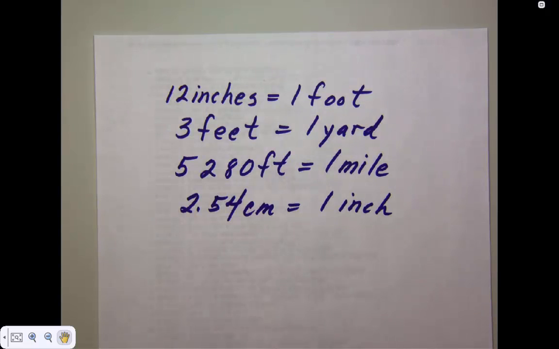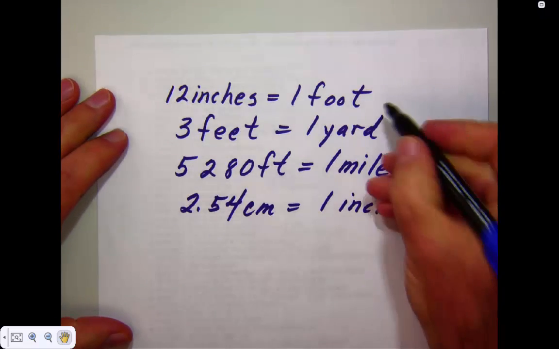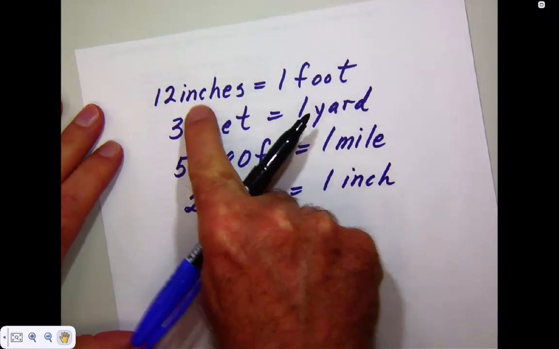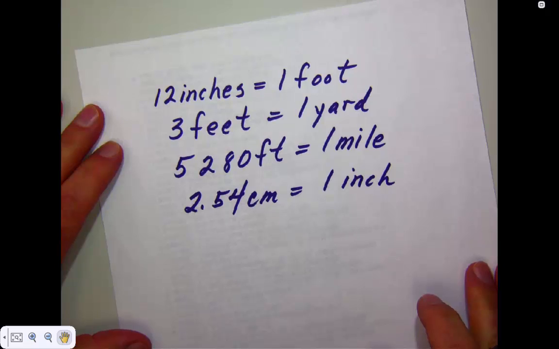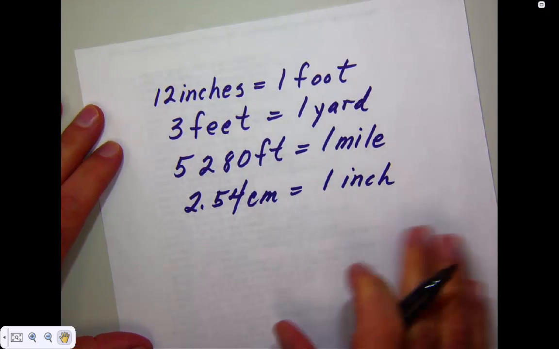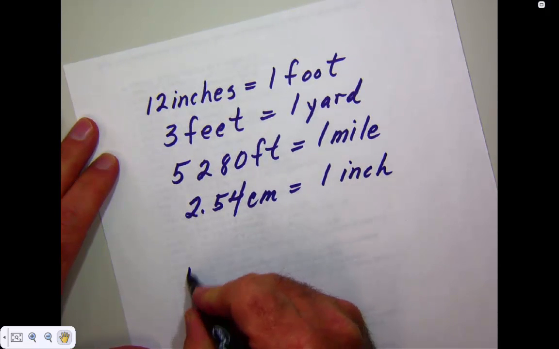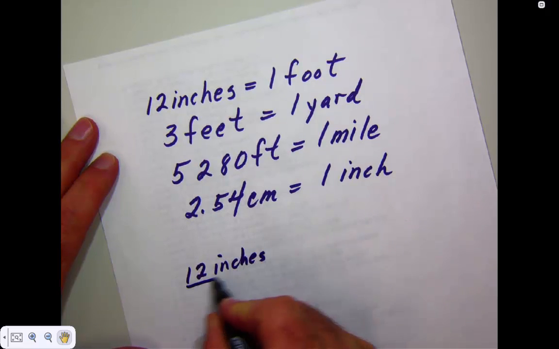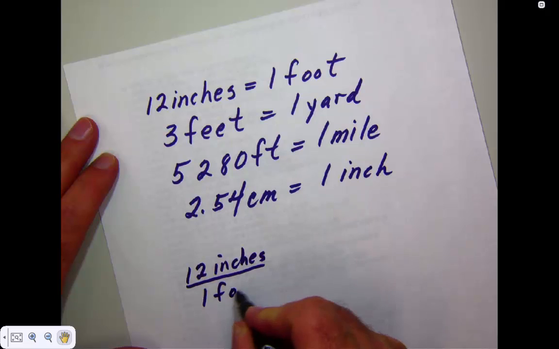Now, anytime you have quantities which are equal, like in this case we have the units conversion factor 12 inches equals 1 foot, we will use the very simple basic math fact that anytime two things are equal, we can form a fraction like 12 inches over 1 foot.